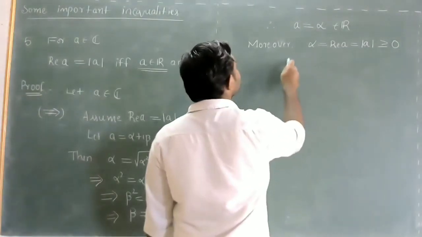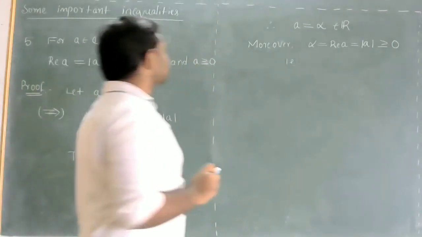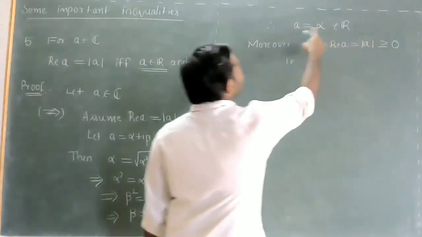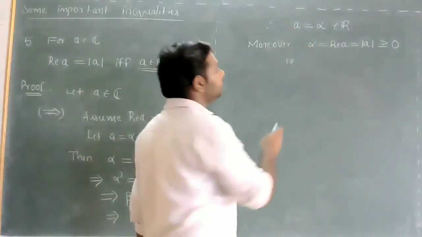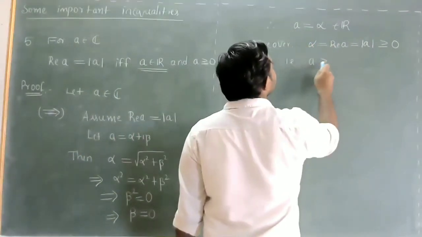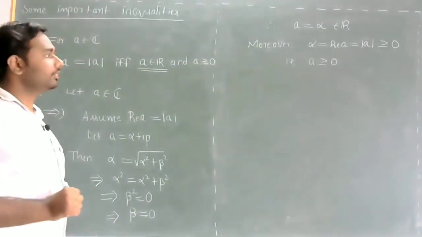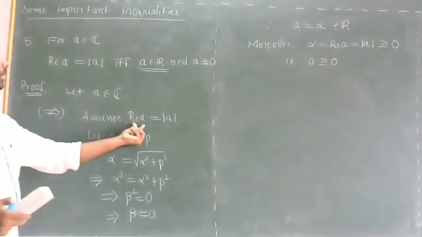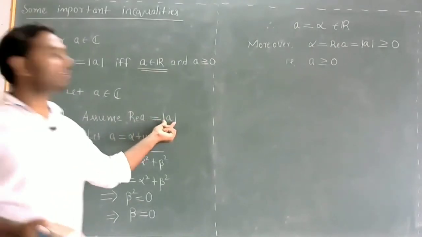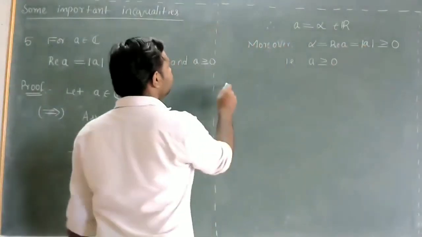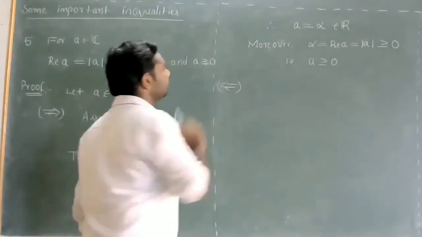So alpha is greater than or equal to 0, but alpha is nothing but A. So A is greater than or equal to 0. So assuming real part of A is equal to modulus of A, we got that A is a real number which is non-negative.